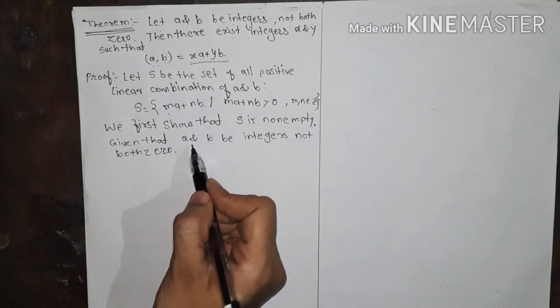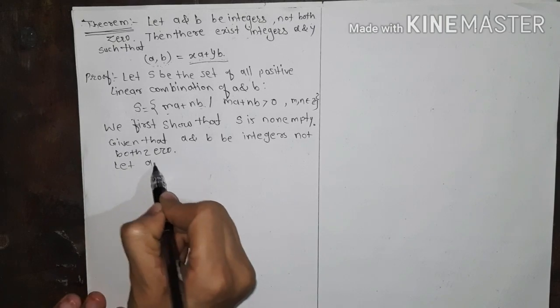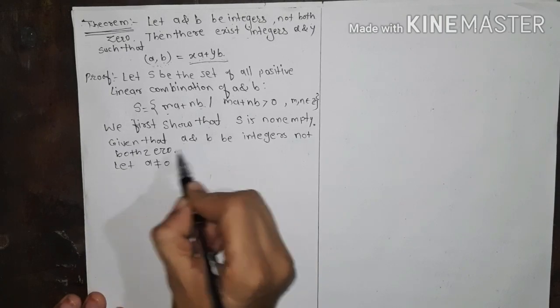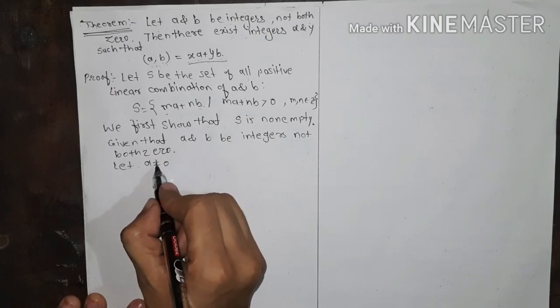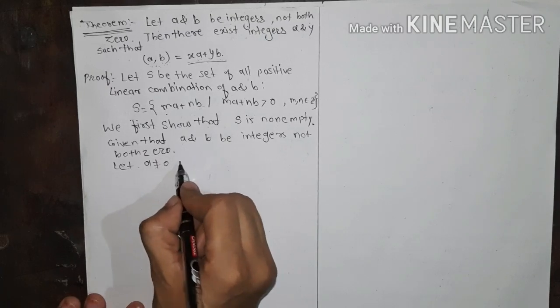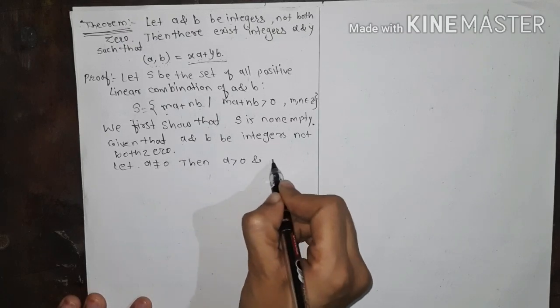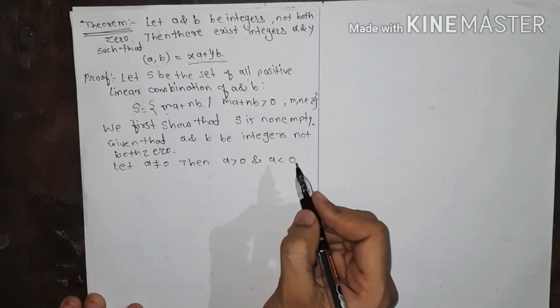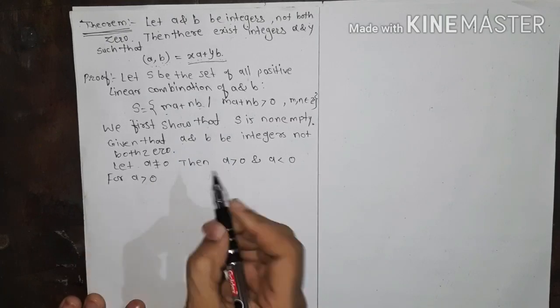This is a given condition here. So we take one of them to be non-zero, so we let A be non-zero. If A is non-zero, then there are cases: A is greater than 0 and A is less than 0. So we take the first case, A greater than 0.